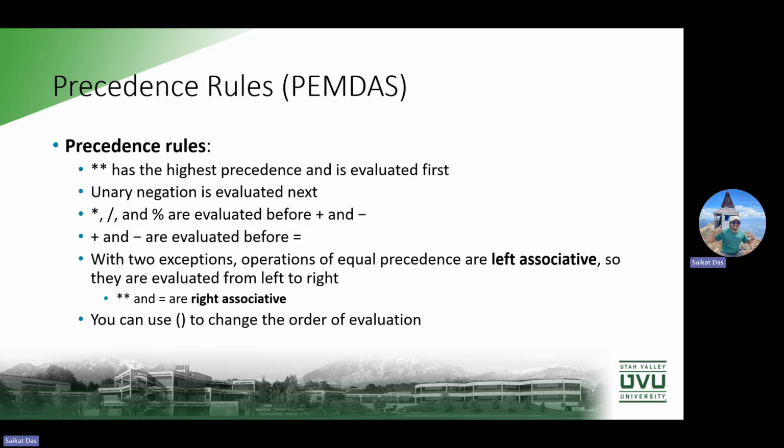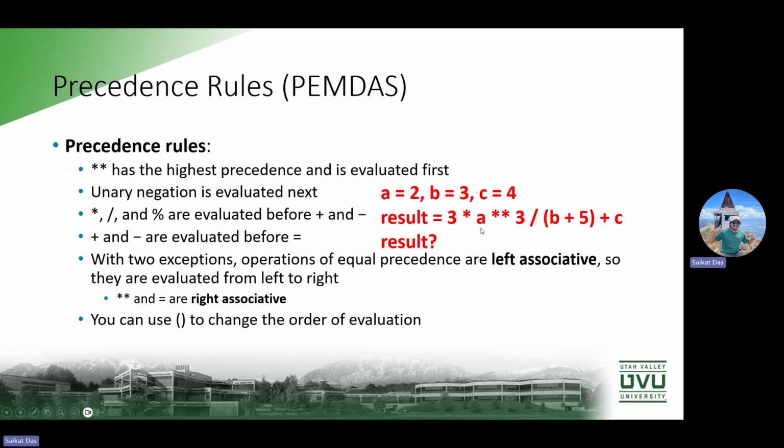Then exponent, there is no exponent. Multiplication, here's the multiplication. Multiply 10, that means minus 100. Then division, divided by 5, that means minus 20. Then addition and subtraction. So there is one addition here, plus 10. That means negative 10 is the answer. So whenever you have a complex situation, you need to follow this rule, PEMDAS.